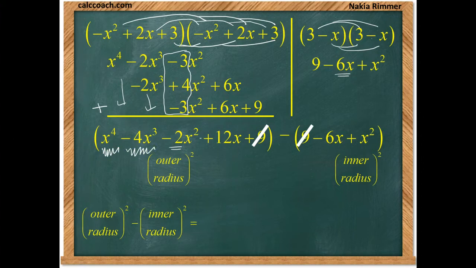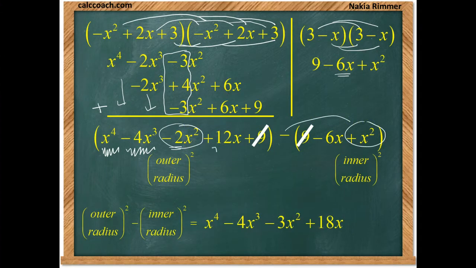Then we can combine these x squared terms. Watch the sign here though. That's a minus 3x squared. And then 12x minus a negative 6x is a positive 18x. And those are our 4 terms. These are the ones that end up in our integral. These are the ones we have to find the antiderivative of.